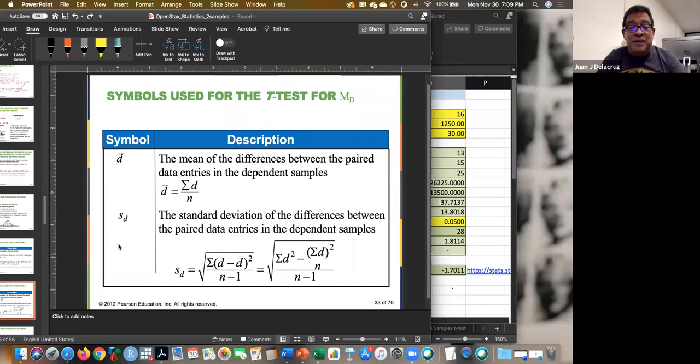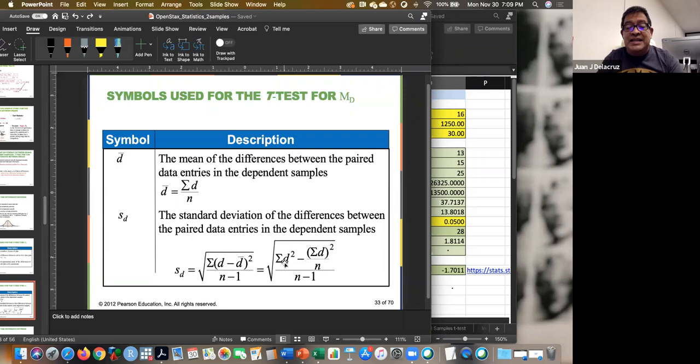One of the things that we also need to do is to find the standard deviation. This standard deviation of the differences is given by this formula. I built the formula to use this one.